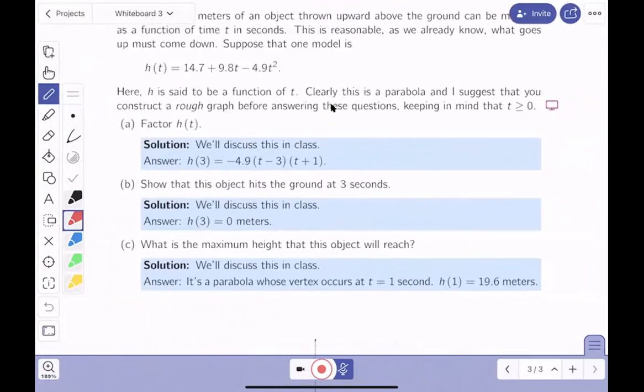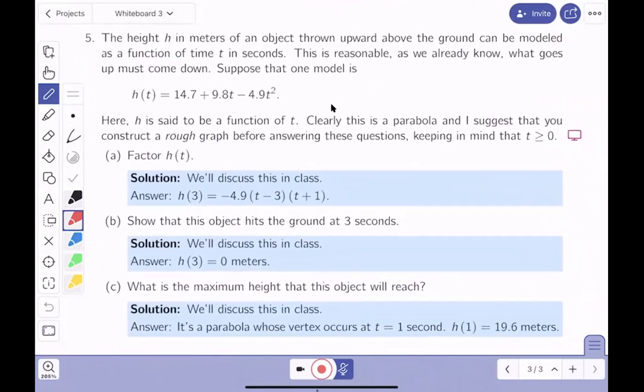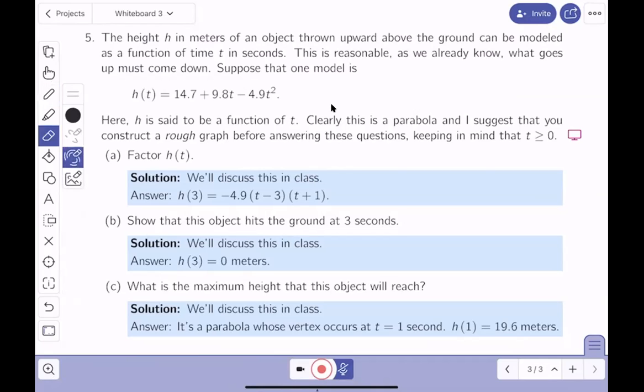Number 5 looks like trouble. All right. So it says, the height h in meters of an object thrown upward above the ground can be modeled as a function of time, t in seconds. So I want to outline what they've said, and you want to concentrate on this as well. They said h is in meters, above the ground, by the way, and t is in seconds.